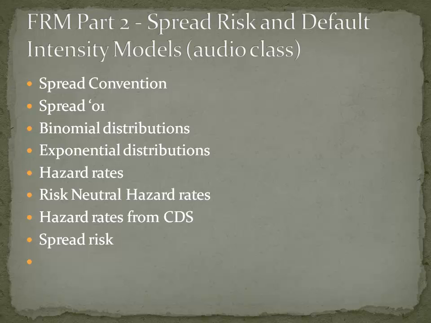So lambda dt becomes our first part. Stated differently, the probability of defaulting between t and t plus dt is equal to lambda dt. It follows naturally that the probability of survival is 1 minus lambda dt.